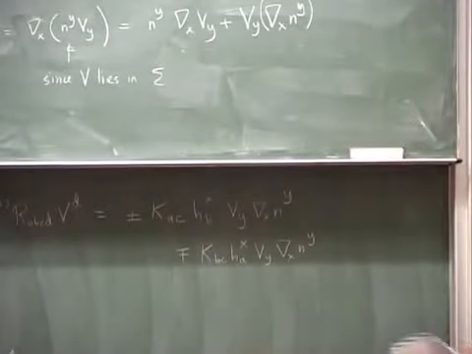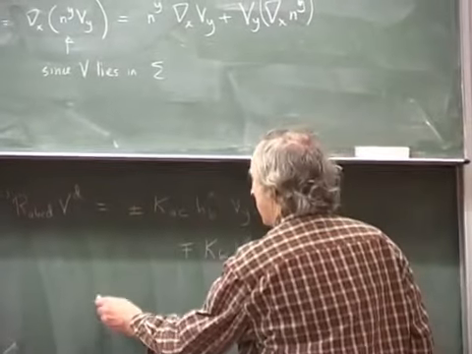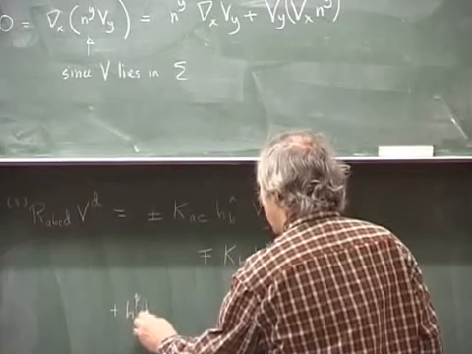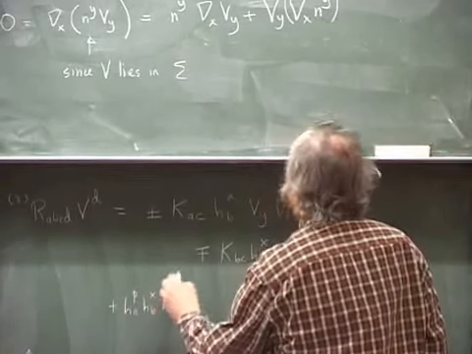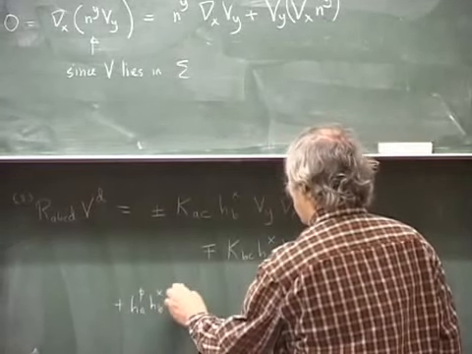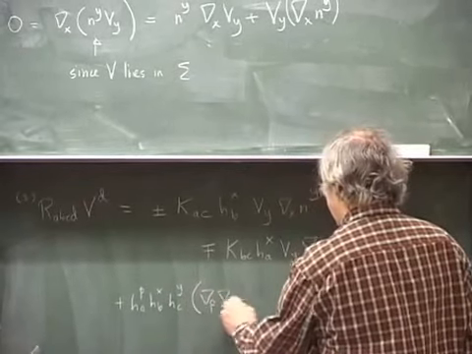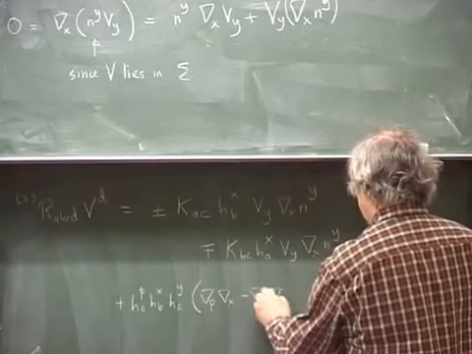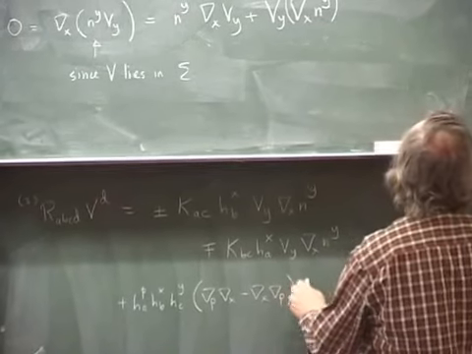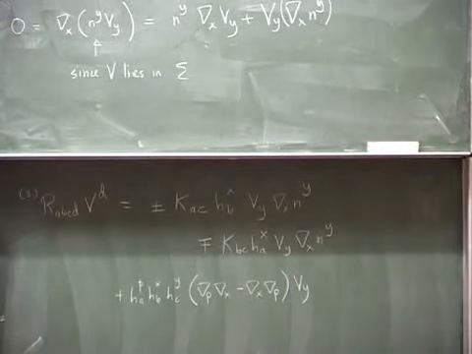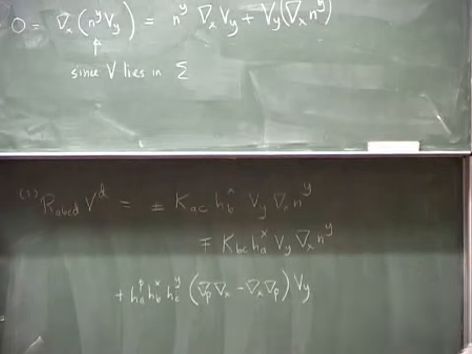So the last two terms are best written plus h_a^p h_b^x h_c^y times del_p del_x minus del_x del_p acting on the vector field v^y. And now you can use the Ricci identity and get something which is linear in v.